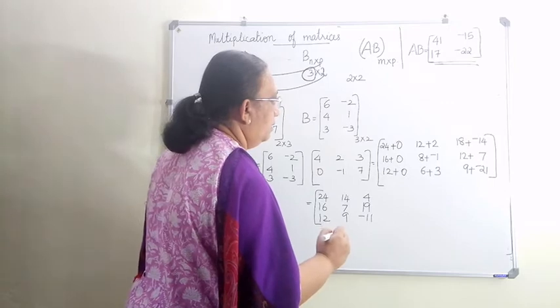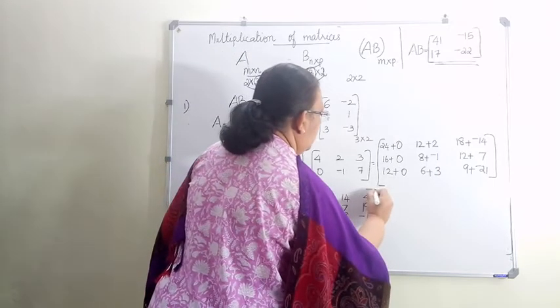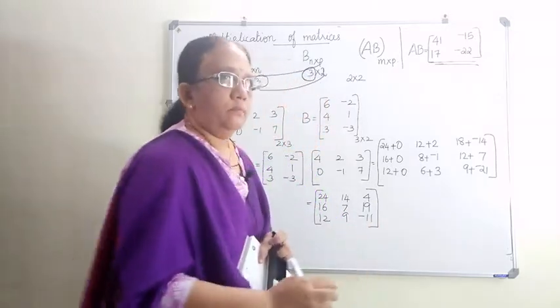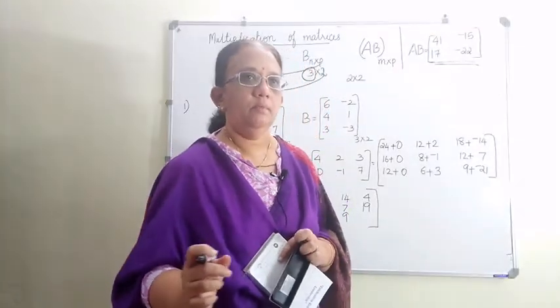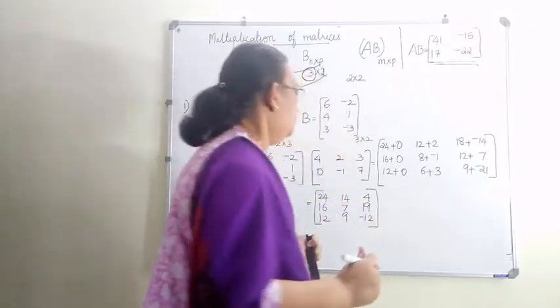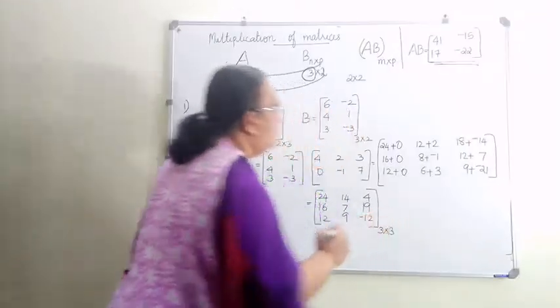Isn't it? What is the answer here? Yes, give me the answer. Minus 12. Yes. And the order is equal to 3 by 3.